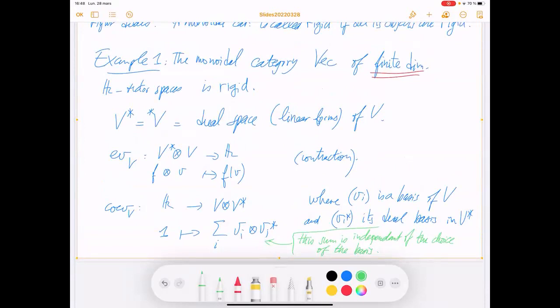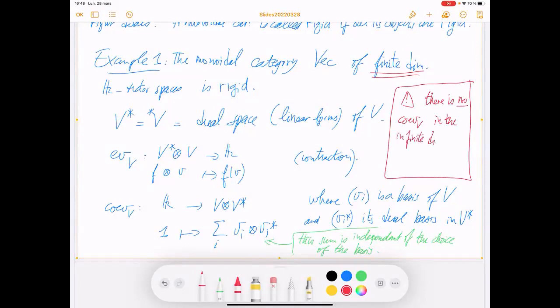And as I said, I should put that in red here. There is no co-evaluation map in the infinite dimensional case in general.